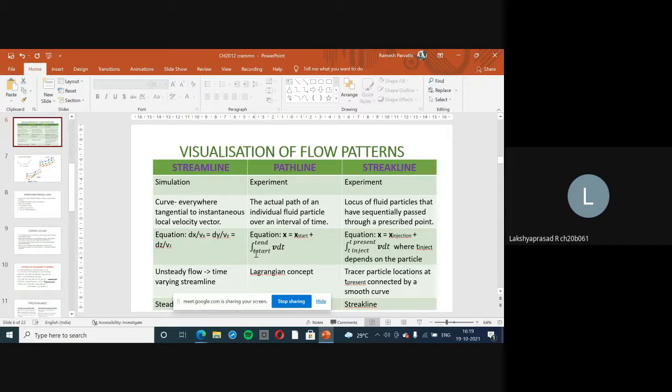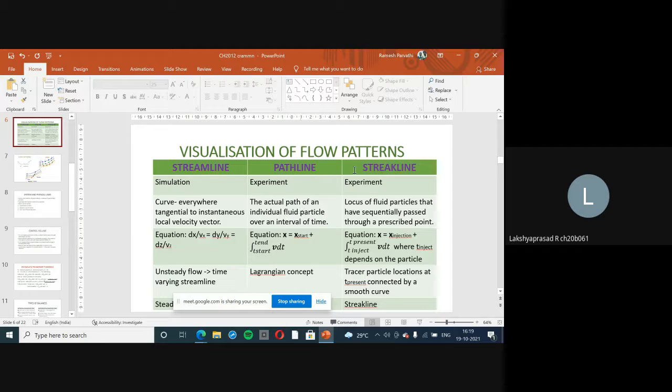The start time is known to us as t naught, and the end time is whatever instant we require. This integration is done for each and every particle to get the path line for that particular particle. That is to be kept in mind.